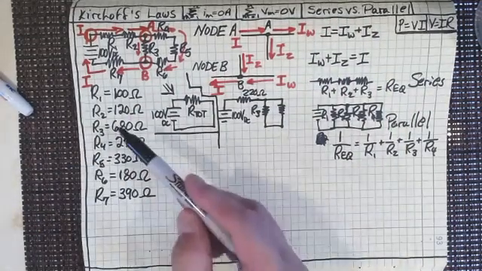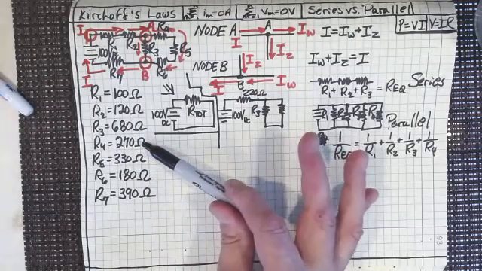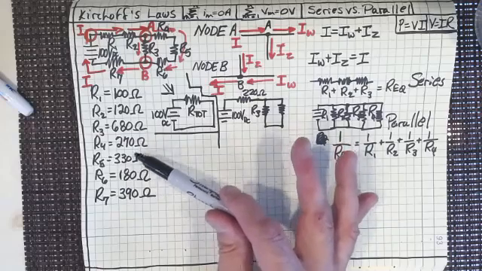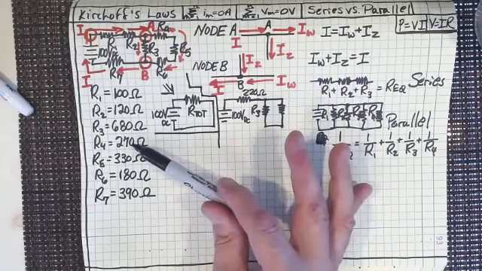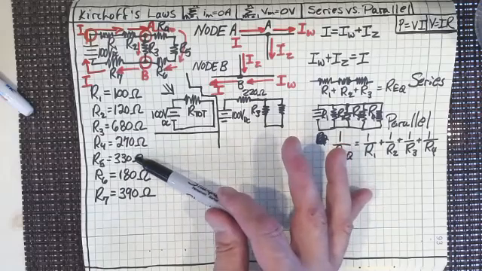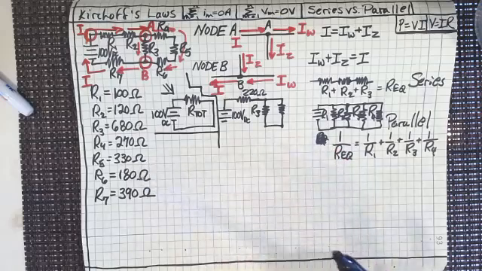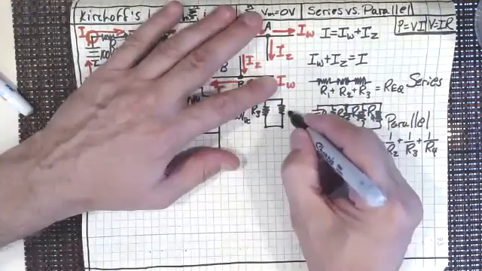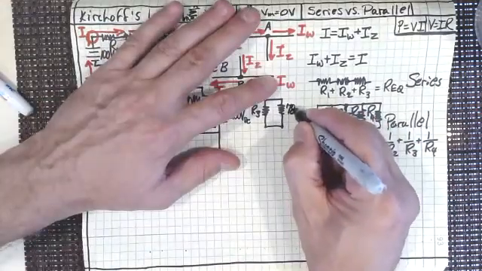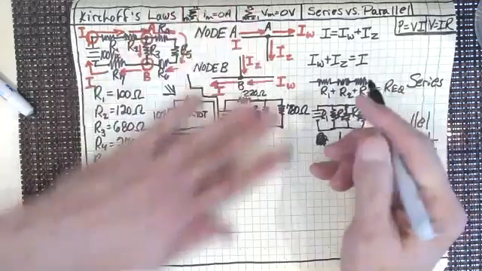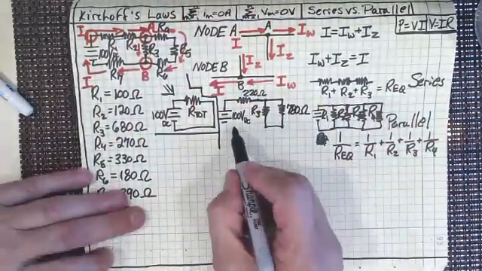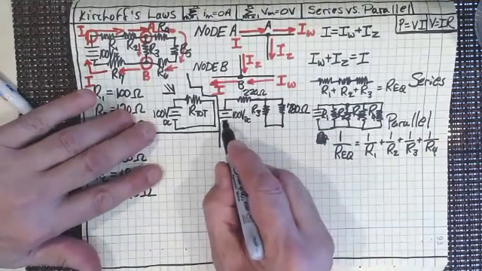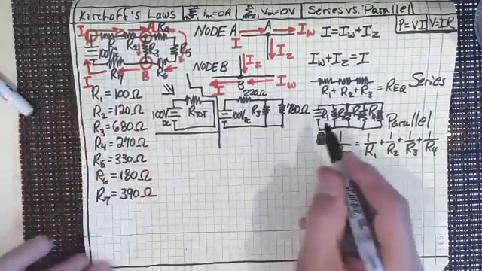So let's do that. So we've got R4, 270. R5 is 330. So that makes 600, right? So R4, R5 give me 600, and R6 is 180, so that gives me 780 ohms. So this is going to be 780 ohms. And R3, you know what R3 is, so I don't really have to put its value in there. You still know that from the original statement of the problem.